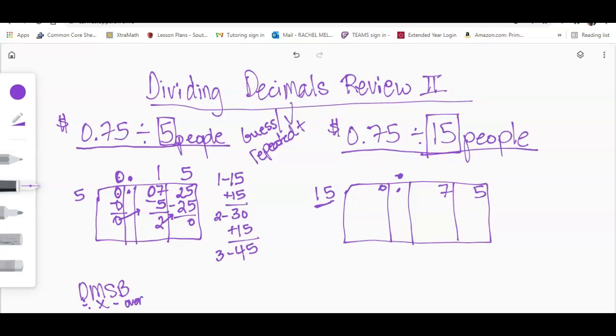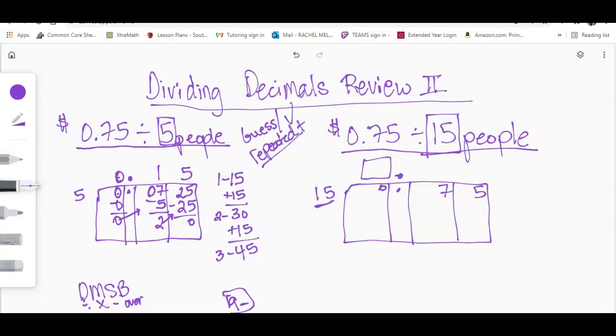You would keep going until you get to your 9th group. The reason we stop at 9 is because I can only put 1 digit in each place value. I can't put 10 here because that's not what we do with place value in base 10. So I only have to go up to 9. That's repeated addition.